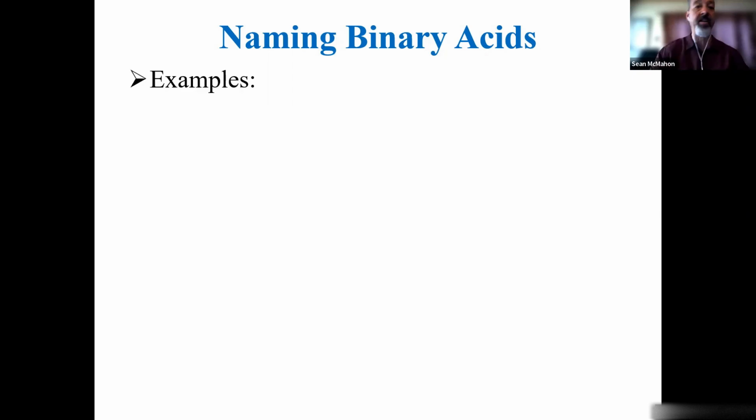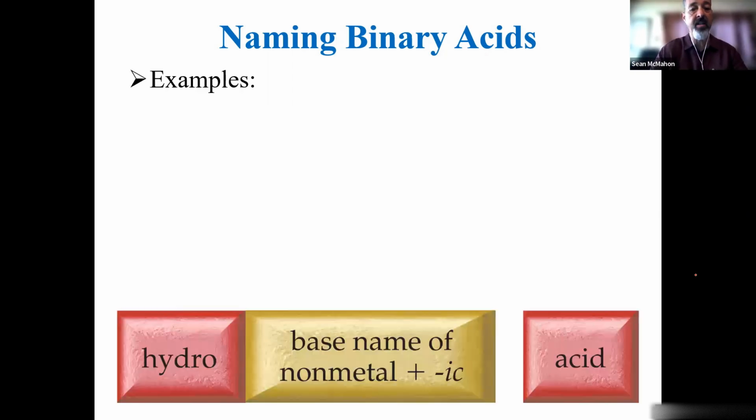And we went over the binary acids and how to name them. So we had the hydro prefix. Here's an example: hydrochloric acid, found in stomach acid, gastric juice. All the binary acids, binary meaning two, hydrogen and non-metal, have the hydro prefix, okay? And then the ic acid suffix.